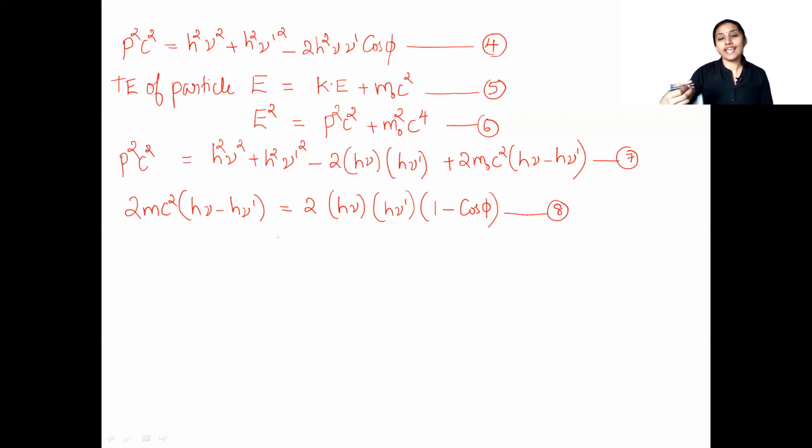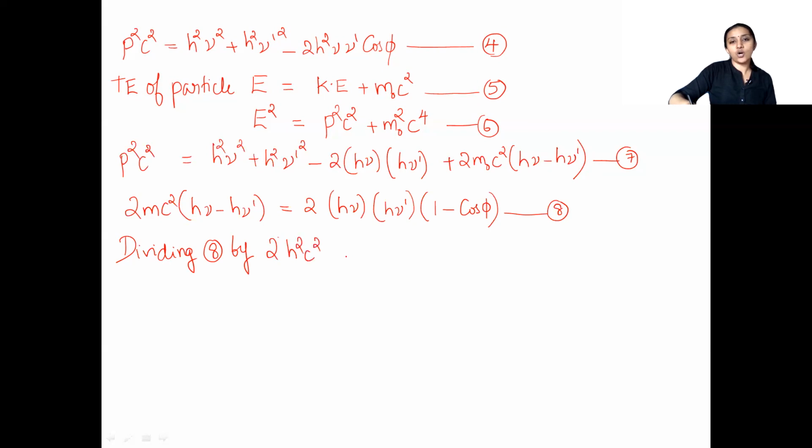Now, in order to get the equation in terms of wavelength, we can divide equation number 8 by a factor, that is 2h squared c squared, and also using the relation nu is equal to c by lambda, right? This is the relation between frequency and wavelength.